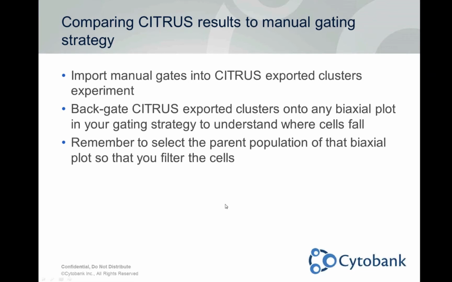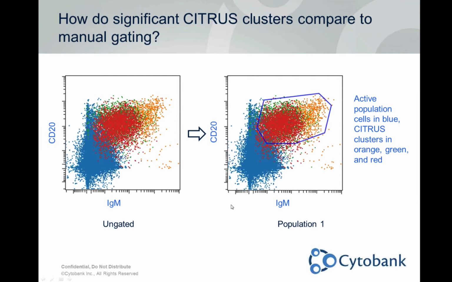So this is an example of what it looks like. Here we have our significant citrus clusters, the red and green and orange, overlaid on top of our total events from a two-parameter perspective. So here you can see this is CD20 and IgM. And this is what it looks like raw. And then this is where my manual gate was to isolate this population on a two-parameter gate.